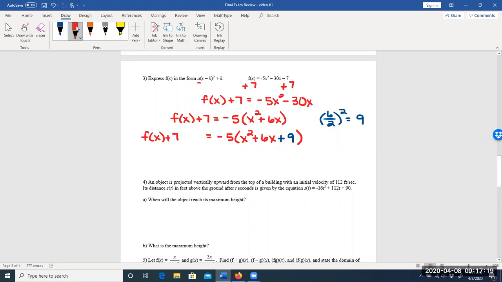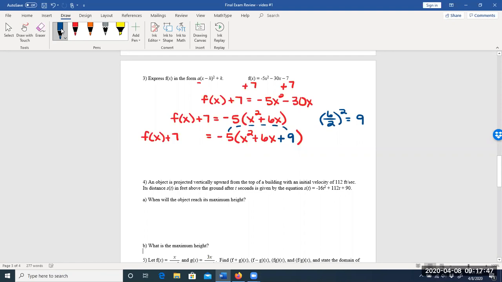So I added 9. Now you may think, I added 9 to the right-hand side, so I should add 9 to the left-hand side. Well, yes, we did add 9, but we put it inside parentheses, and there's a multiplier in front. So the effect that has on the right-hand side is not actually 9.